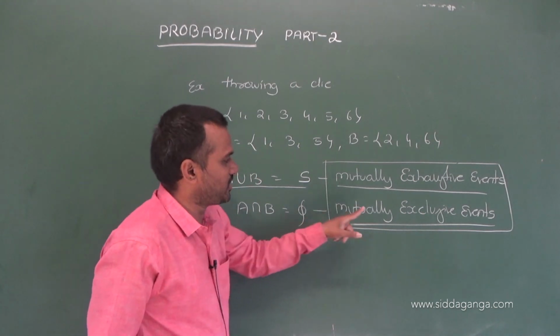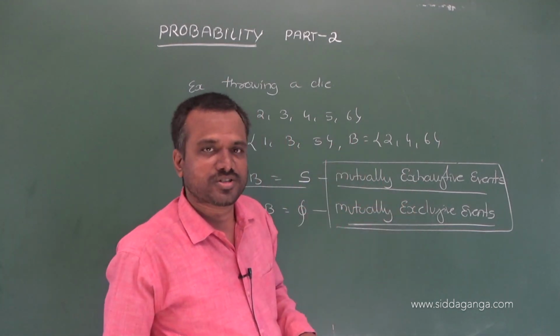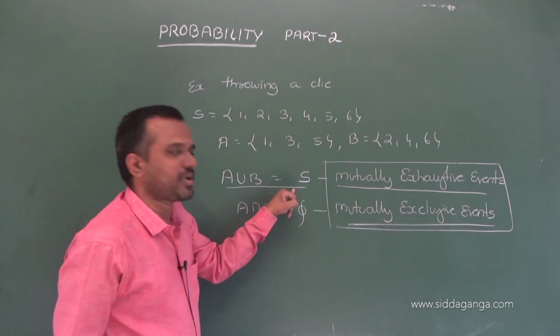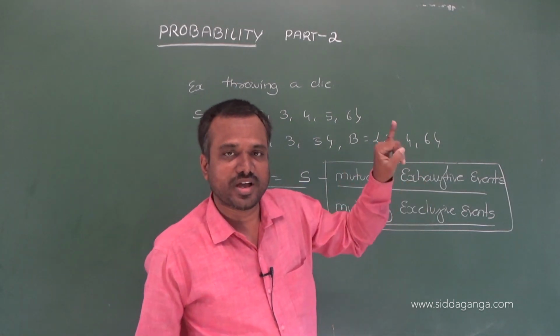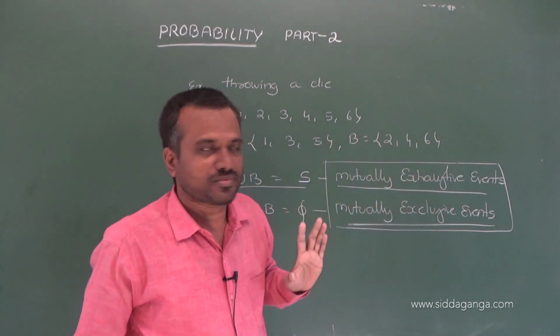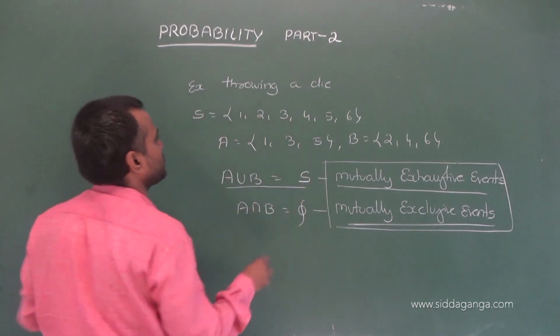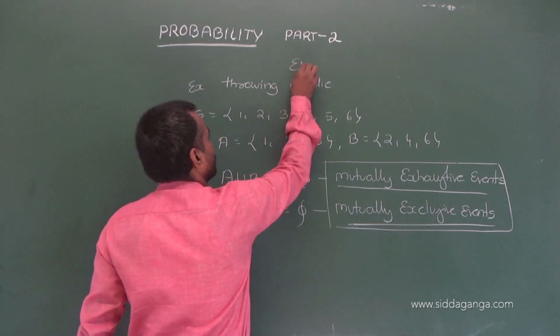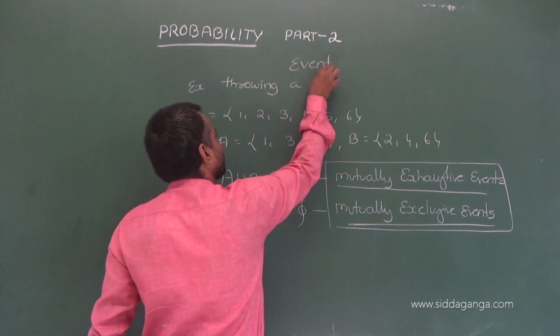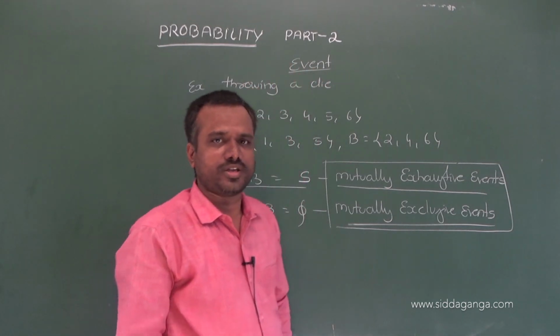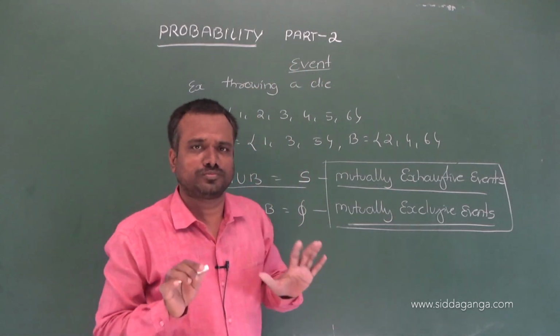Intersection is empty, mutually exclusive; union is the sample space, mutually exhaustive. This is all about events that I explained.